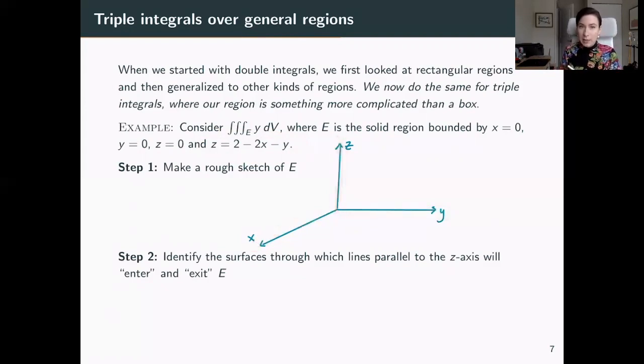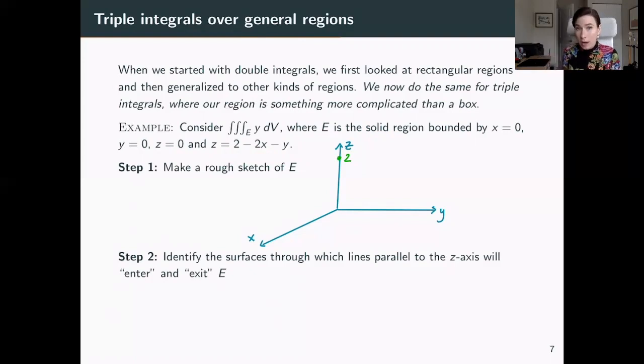and z equal to 0 bounding there. And then we have this z equal to 2 minus 2x minus y. We can make a rough sketch of this. This is a plane. We can notice that we have an output of 2 when our x and y are 0.